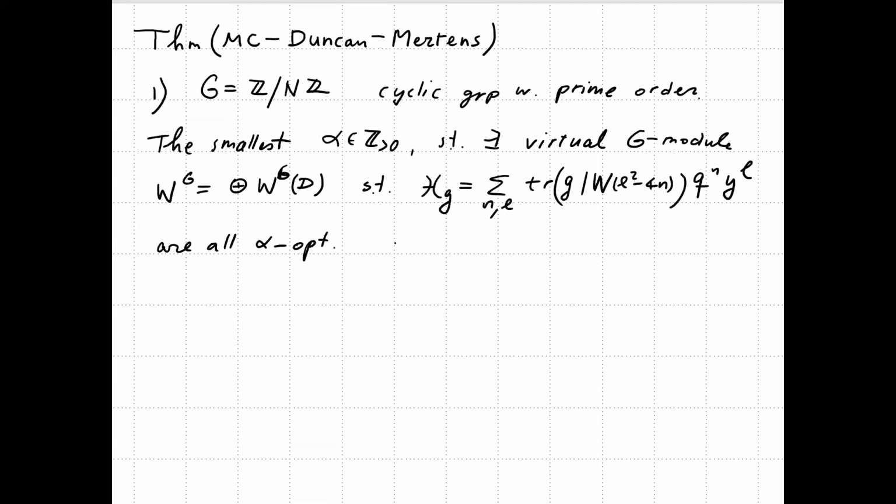And in particular, when G is the identity, then this is just given by the Hurwitz class number function. Then you can show that such a minimal alpha is given by the numerator of this thing.